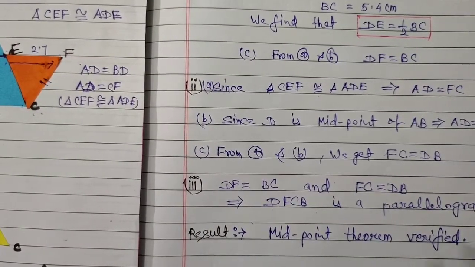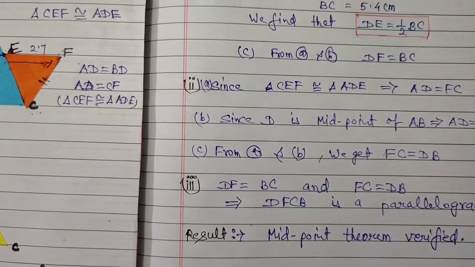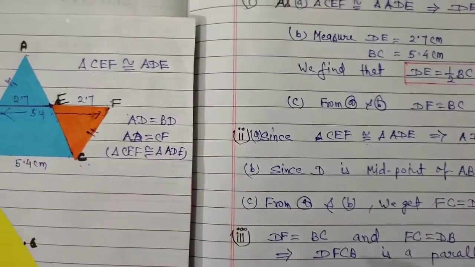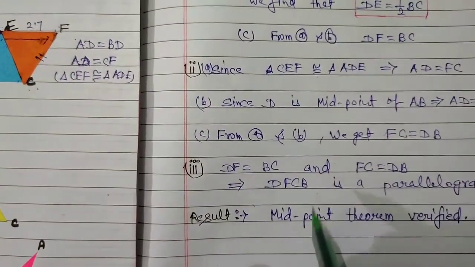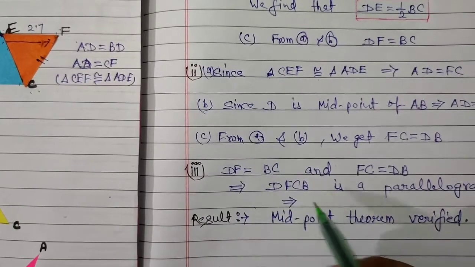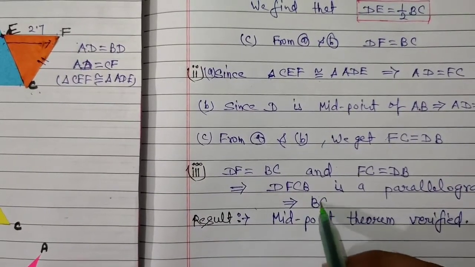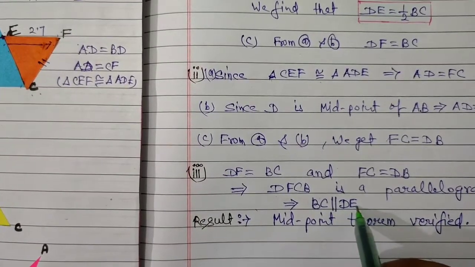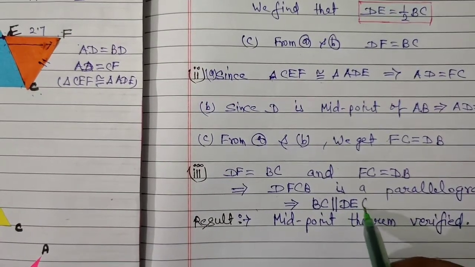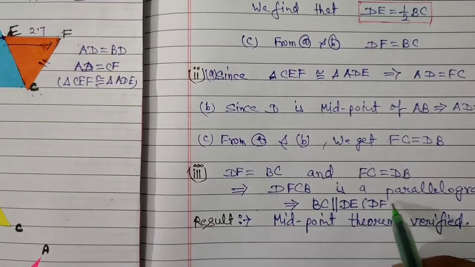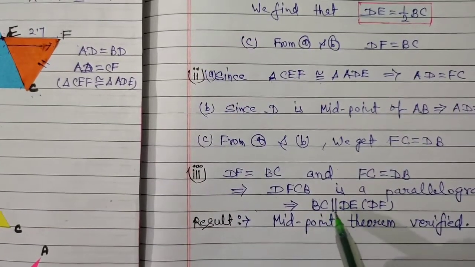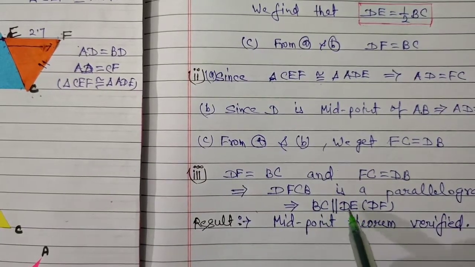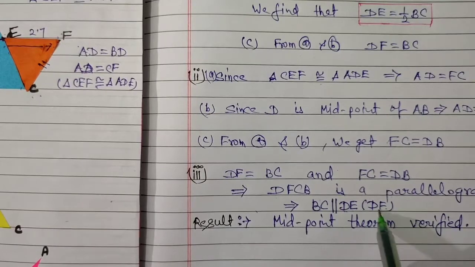So this is actually the midpoint theorem verified. Here, because of this that DFCB is a parallelogram, you can say that BC is parallel to DE. DE or DF, that is the same thing, because in parallel thing we only see the direction of lines, which is same in DE and DF both.